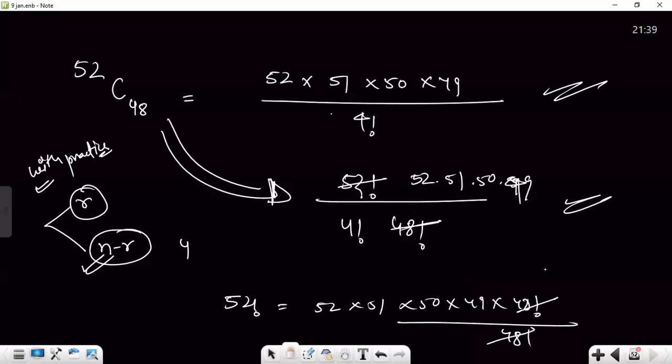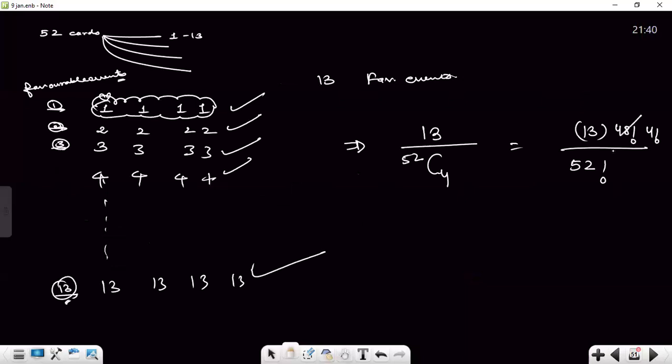If you are confused, then you can also use a conventional method as we have done here. 48 factorial will cancel, leaving 52 into 51 into 50 into 49. Now 4 factorial is 24.